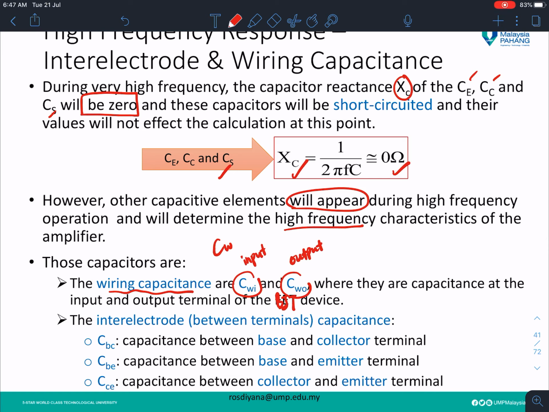Second, the interelectrode capacitors between terminals, which appear during high frequency response. Between base and collector we call it CBC, between base and emitter CBE, and between collector and emitter CCE.